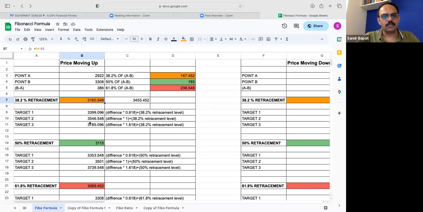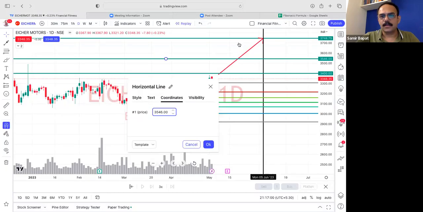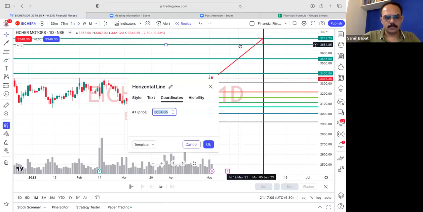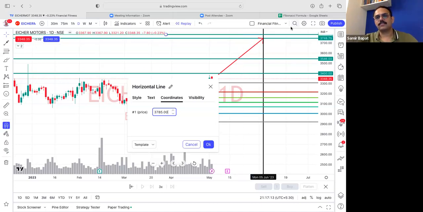Okay. So these are the three targets. Let's take 3785. Okay. So one more line at 3785. So it is somewhere here. The target is somewhere here.